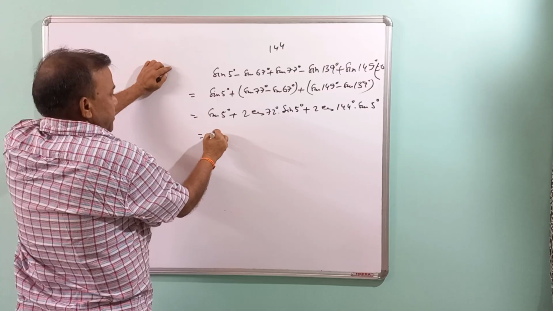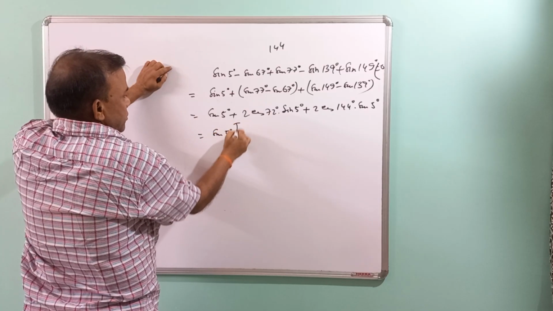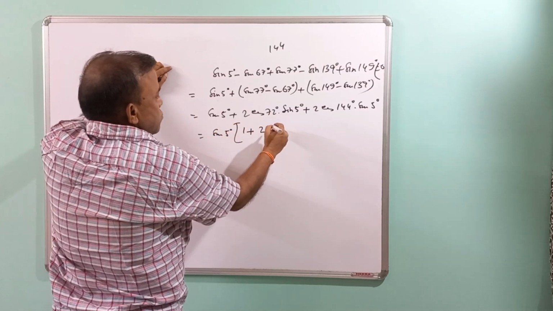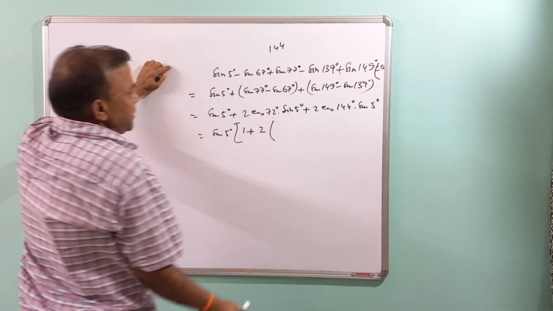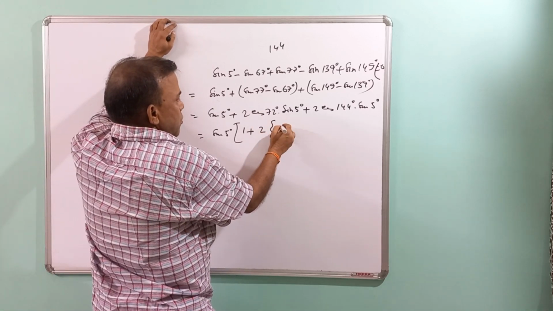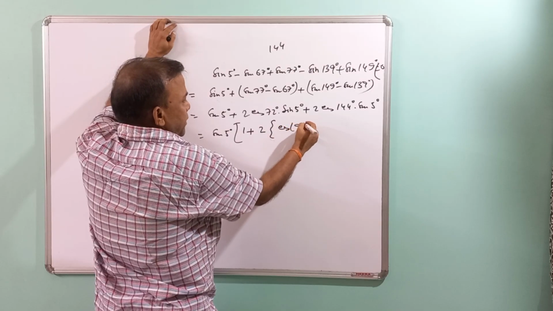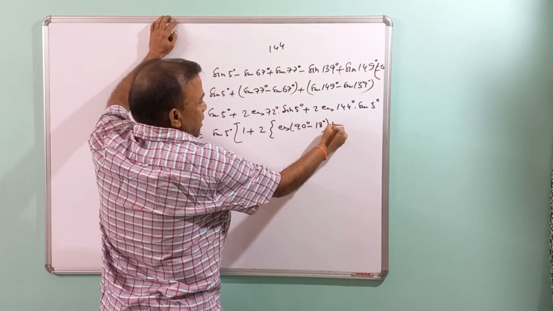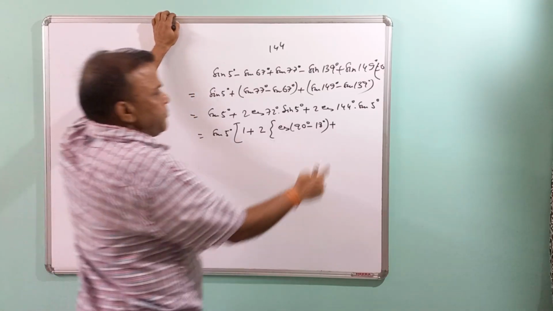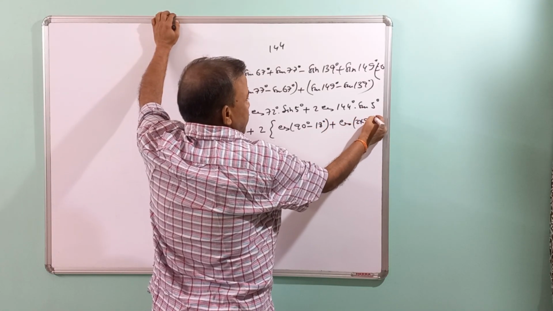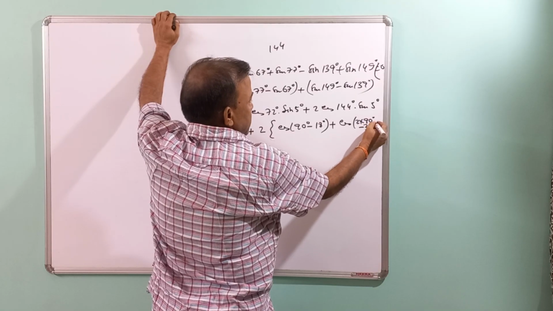Taking sin 5 degree as common, we get sin 5 degree times 1 plus 2 into cos 72 degree, which means cos of 90 degree minus 18 degree, plus cos 144 degree, which is cos of 2 into 90 degree minus 36 degree.